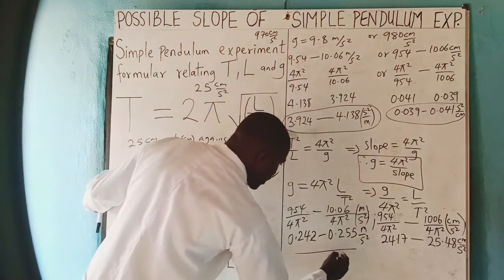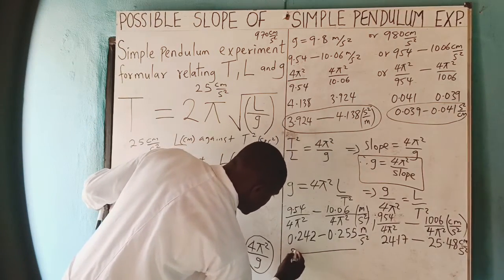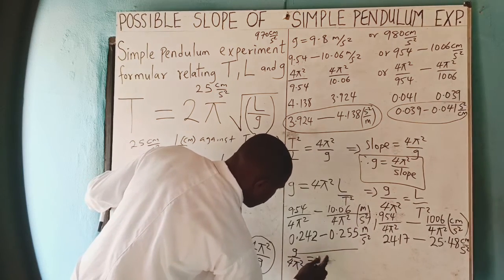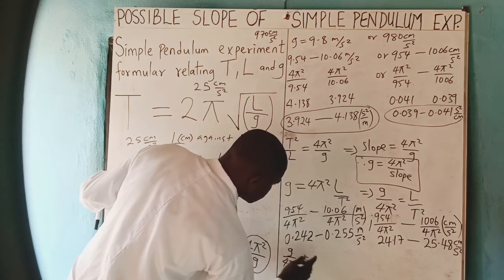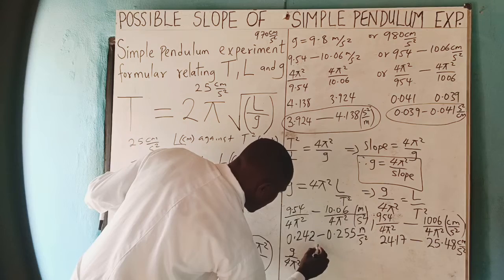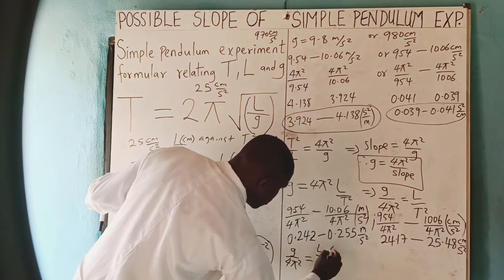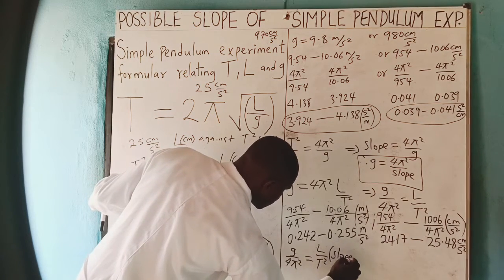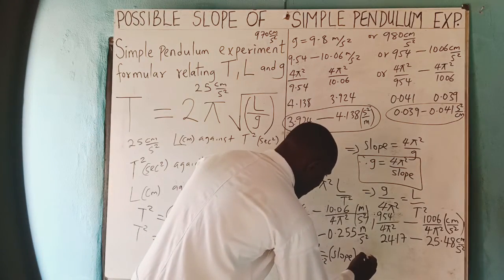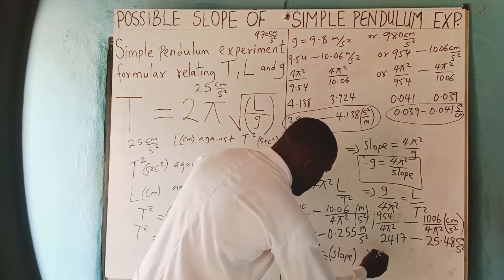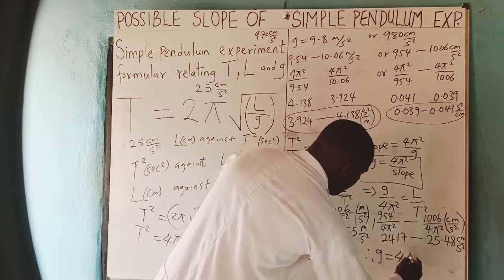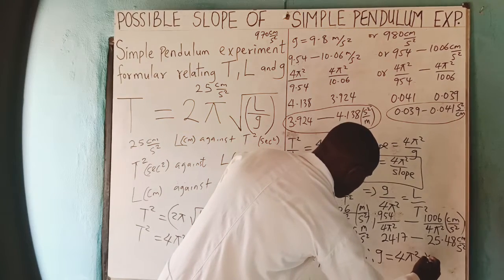Since we have our G over 4 pi square to be equals to slope, to be equals to L over T square, which is the slope. If we are asked to get your G, what you now tell them is that therefore, making G subject of formula, G will be equals to 4 pi square times your slope.